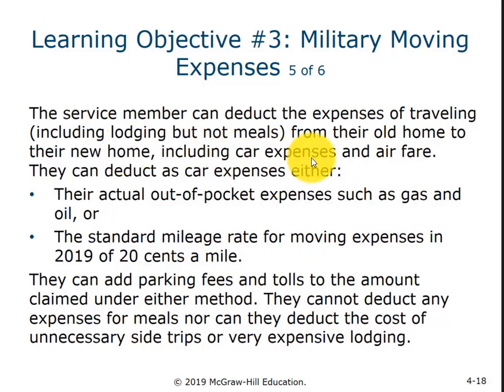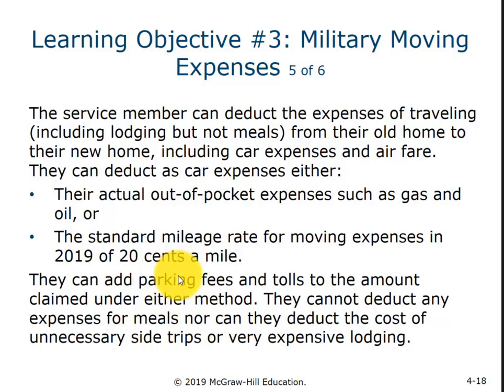If you drive your car or drive a U-Haul or something like that, you could have multiple car expenses, meaning the family could come in a car and somebody else could drive the U-Haul, okay? Now the U-Haul gas would be an expense that you could deduct. Then for the car, you could either use the out-of-pocket expenses you spend along the way, or you can just count up the miles and multiply by 20 cents, which is a lot easier.